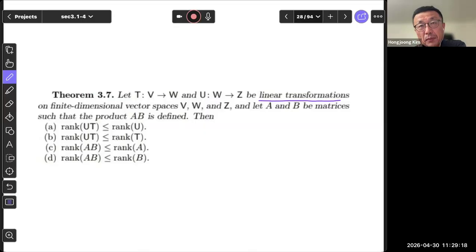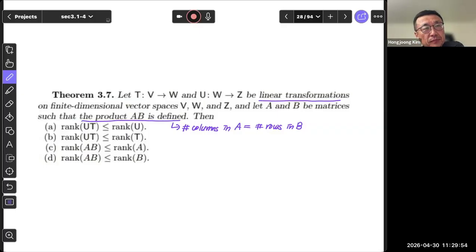What is the meaning of this? That means the number of columns in A will be the same as the number of rows in the B matrix. So yeah, that is the meaning.